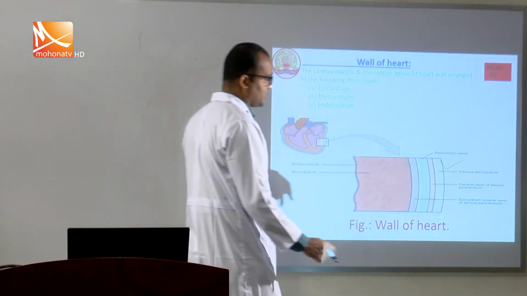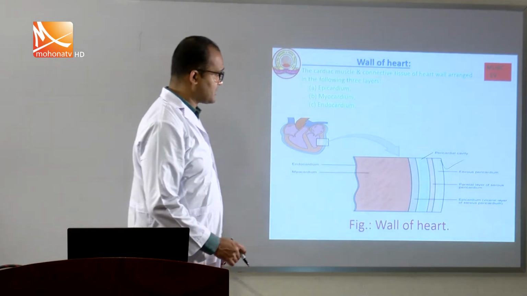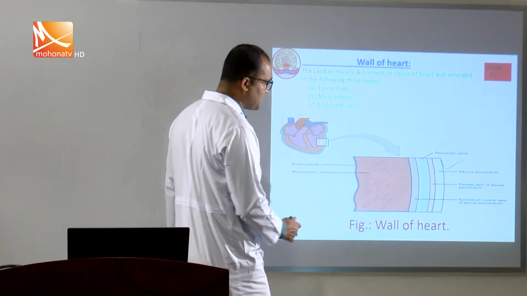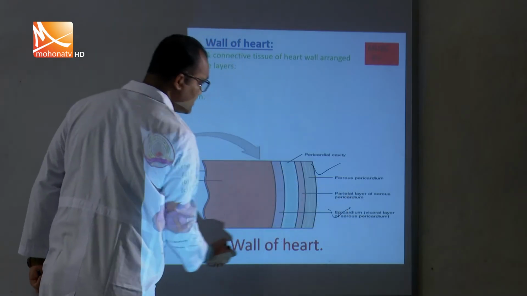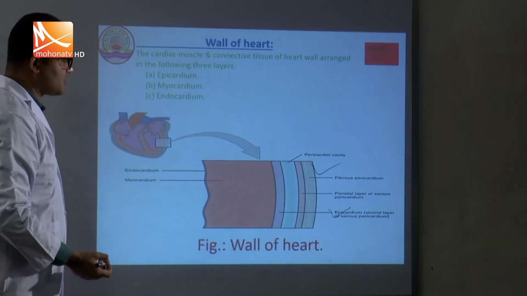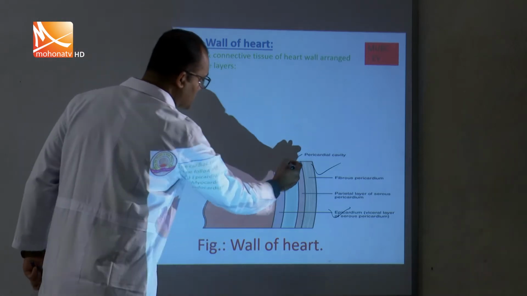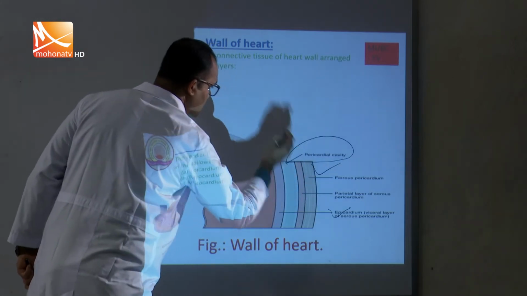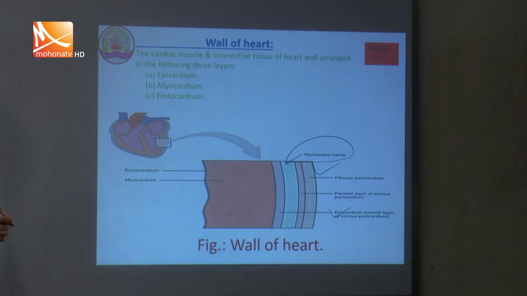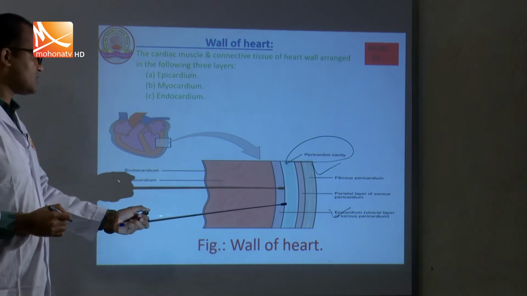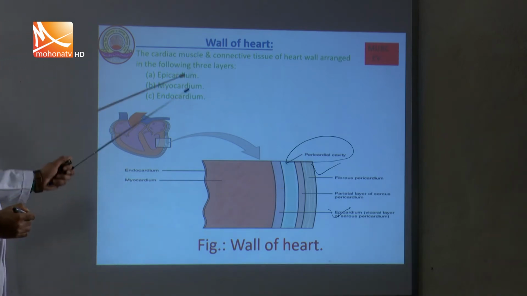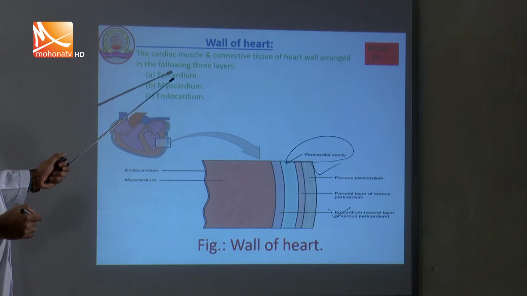The pericardium layer is separated from the epicardium by a fluid called the pericardial fluid, which is positioned in the pericardial cavity. And the other two walls are the myocardium and endocardium.